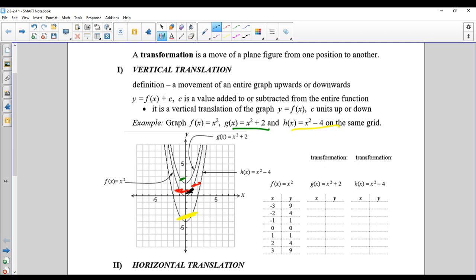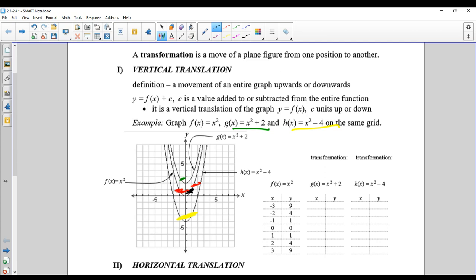For a vertical translation, the x values are unaffected. Let me say that again. For a vertical translation, vertical means you're really working on the y coordinates. Your x coordinates are not affected. So every single x stayed where it was.